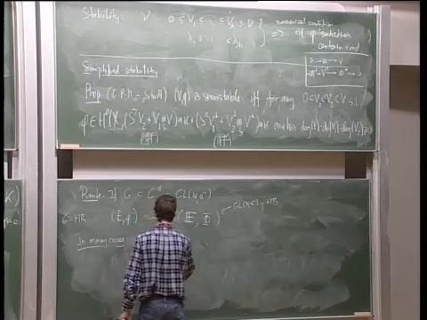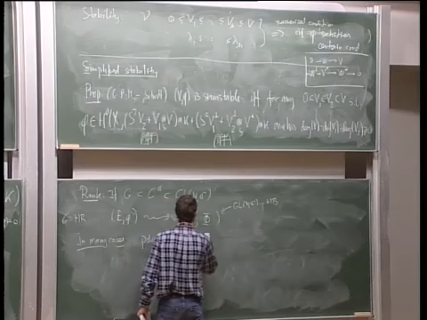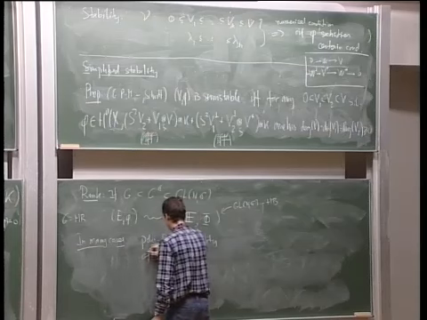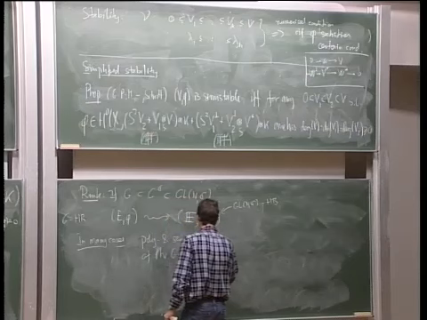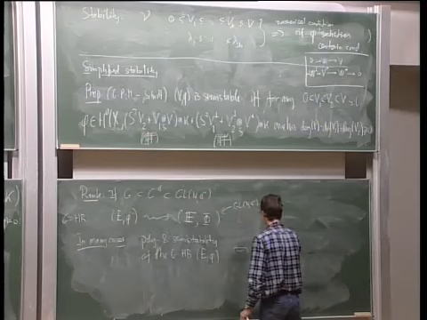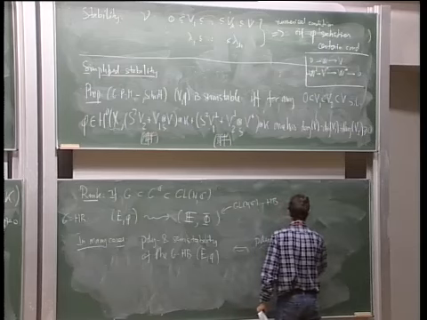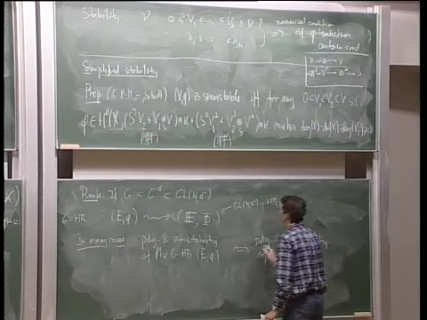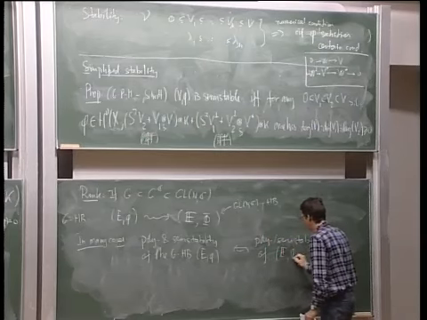polystability and semistability of the G Higgs bundle (E, phi) is actually equivalent to the corresponding polystability or semistability for the usual Higgs bundle (E, phi).